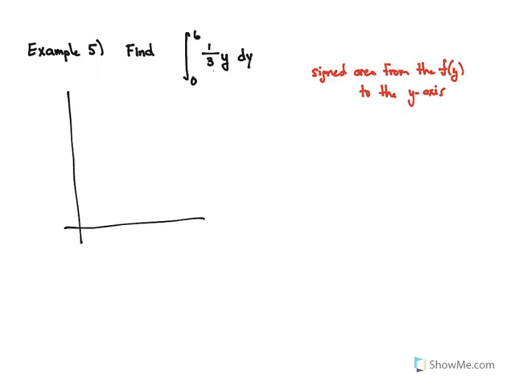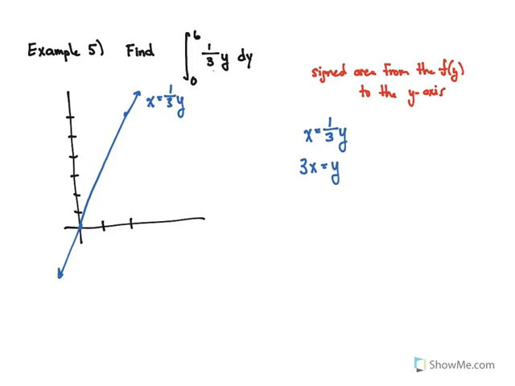This function 1/3 y we could write as 3x equals y. That's a function of x. We could sketch that function. It has a y-intercept of 0. It's going to go through these 2 points here. So this is the function x equals 1/3 y.